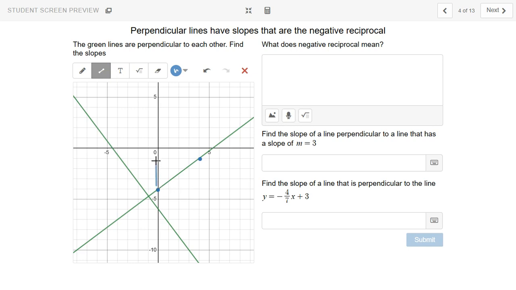I'm going up by 3 units and then across by 4. So the slope of my first line, 3 over 4.